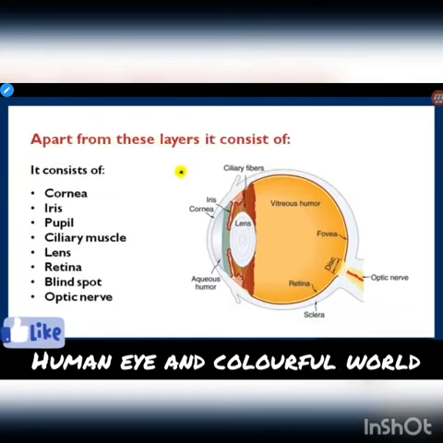Now, apart from those two layers, there are other parts of the eye.